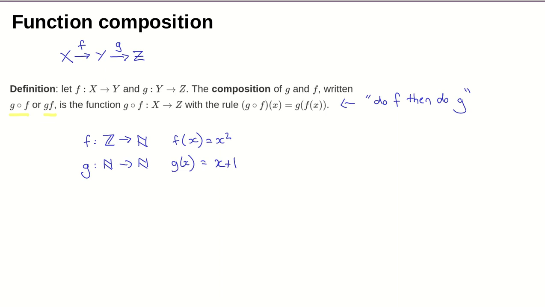Then we have F going from Z to N and G going from N to N, so we're able to form the composition as I've described it earlier.